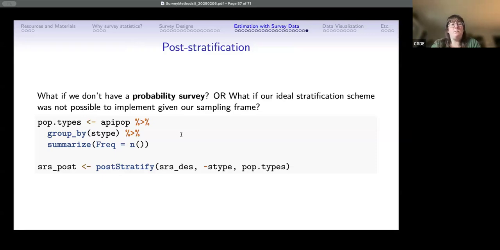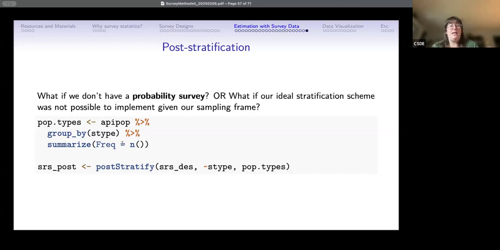And basically what this means is that you re-weight all of the weights in your data according to the frequency by some category, some post-strata you're going to specify, like race and ethnicity. You re-weight the weights so that the sum of the weights gives proportions or totals that mimic those in the real population, which you have provided from some population level data.